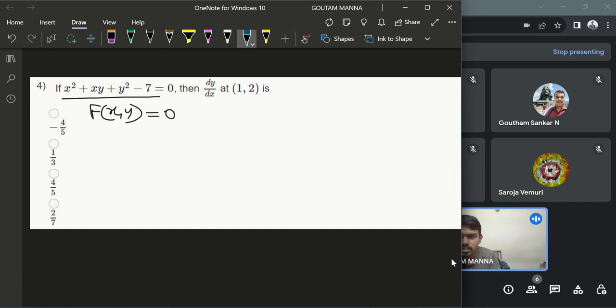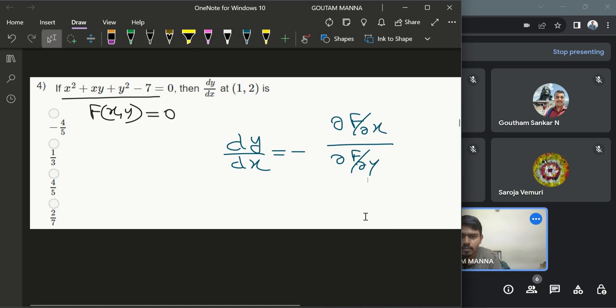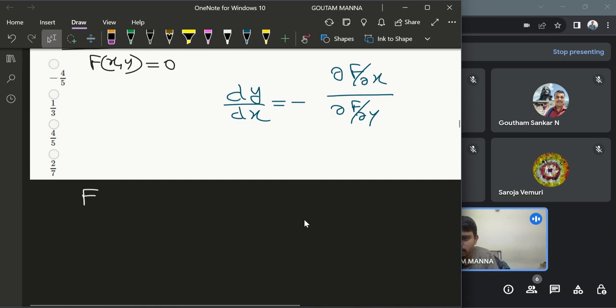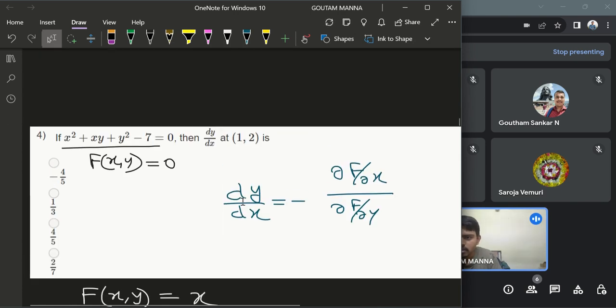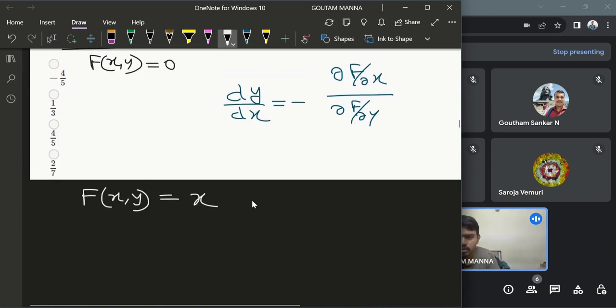We will use implicit function theorem, that is dy dx equals minus of del f del x by del f del y. So f of xy is x square plus xy plus y square minus 7.